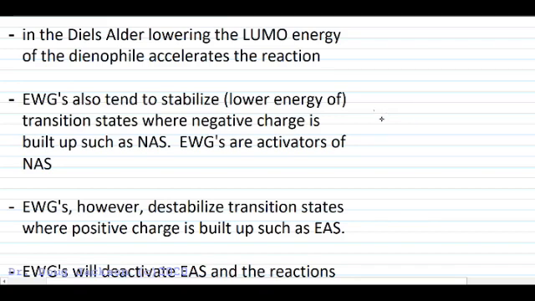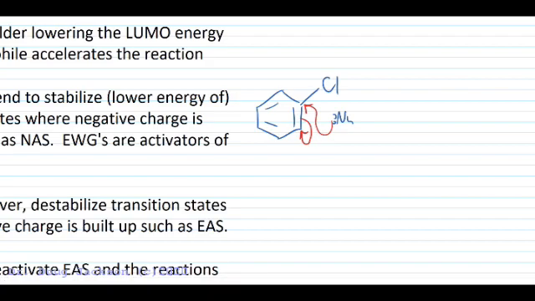So if we have a nucleophilic aromatic substitution scenario where we've got a leaving group on our compound and the nucleophile has added here, we are building up negative charge in the transition state, and then the next intermediate also would reflect that negative charge.